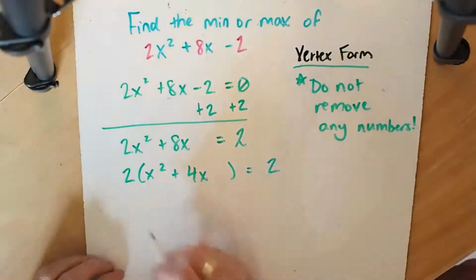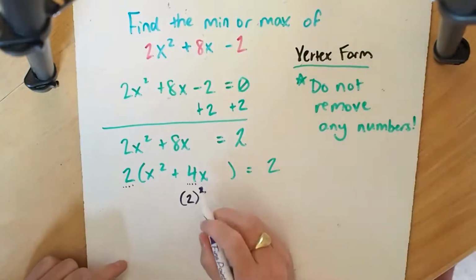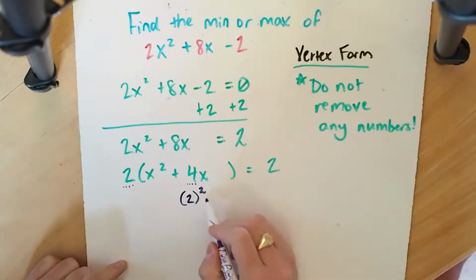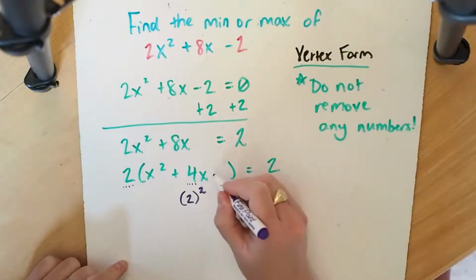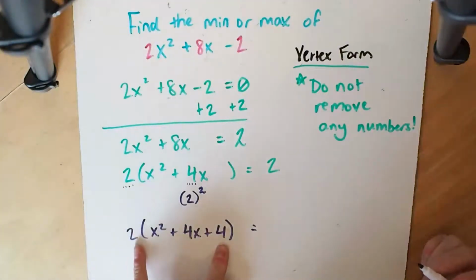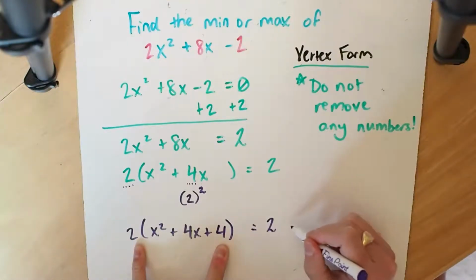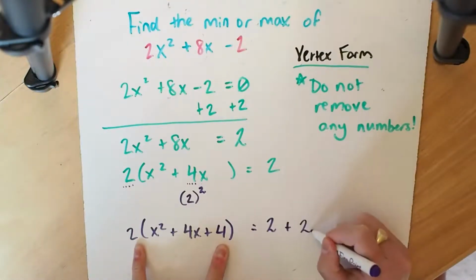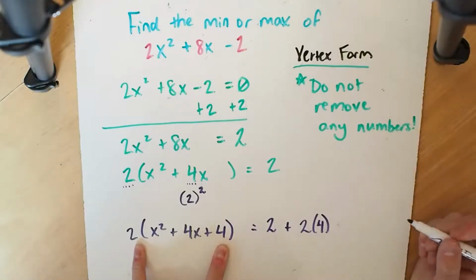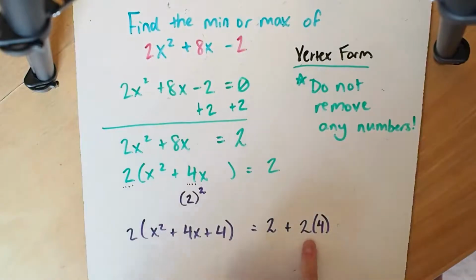Now that we've factored out 2 and are going to leave it here since we're not solving the equation, we take this number, divide it by 2, then square it. Then we add it, and we make sure to remember that because this number is being multiplied on the outside by 2, when we add it to the right side, the side that doesn't have the quadratic, we also have to multiply the addition by the same number. Because it's being multiplied by 2 here, I multiply it by 2 here as well.